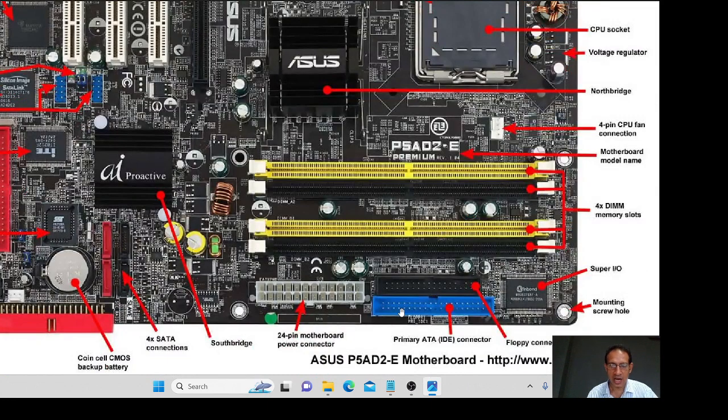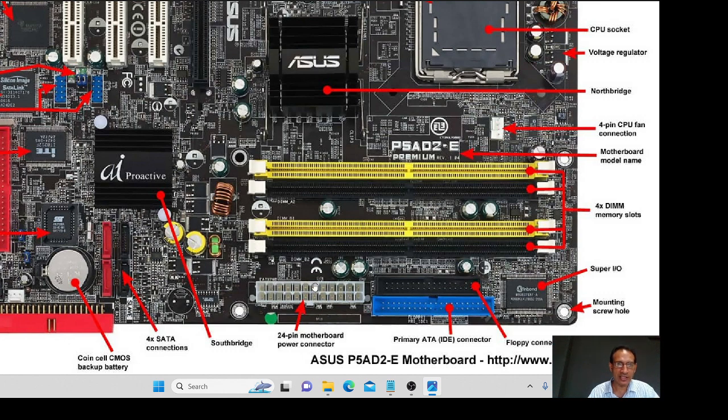And here IDE connectors and floppy connectors are available in this motherboard also. That means they can be used for the IDE cable and the floppy cables for the hard disk and the CD-ROM. And here is a 24-pin motherboard power connector. That is why we call this an ATX motherboard.